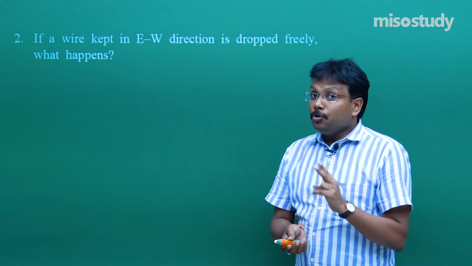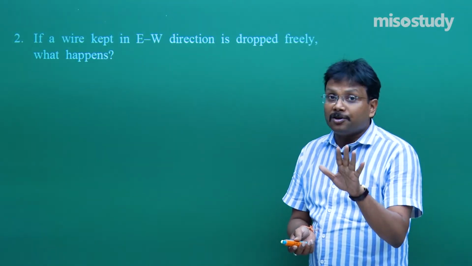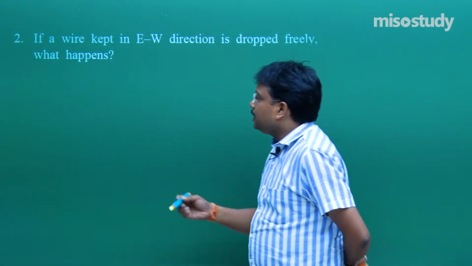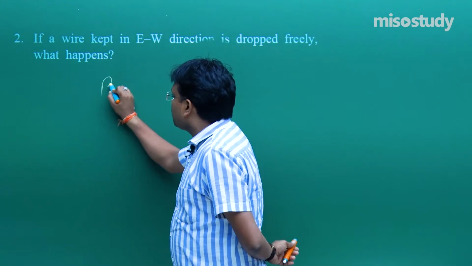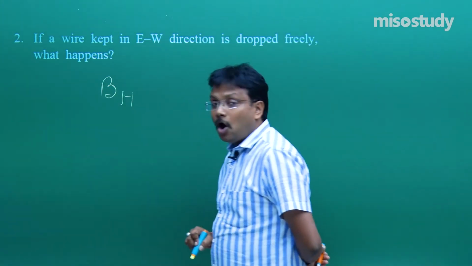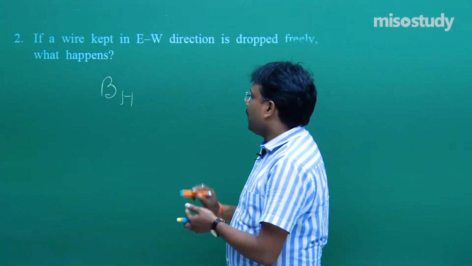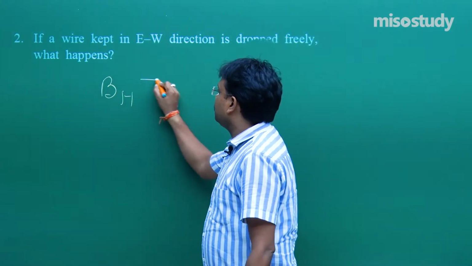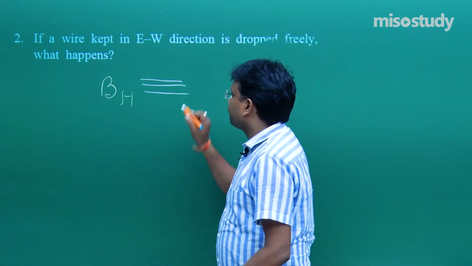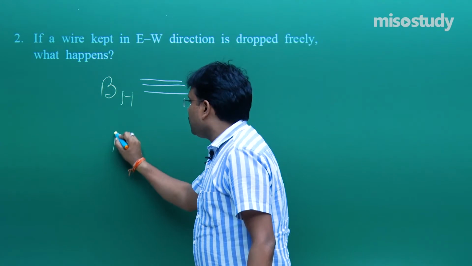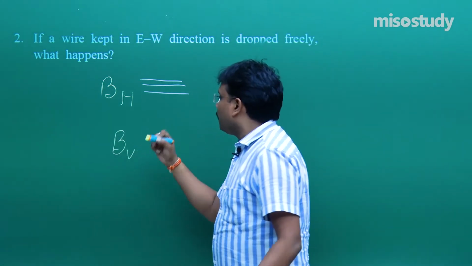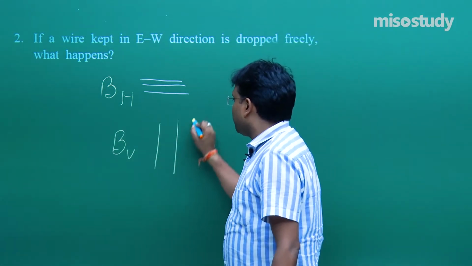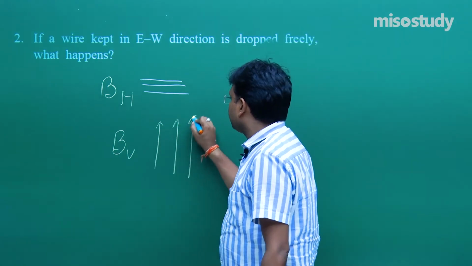There are two components of the Earth's magnetic field. One is BH, the horizontal component, in this direction horizontally, and another is BV, the vertical component. The direction of the vertical component is like this.